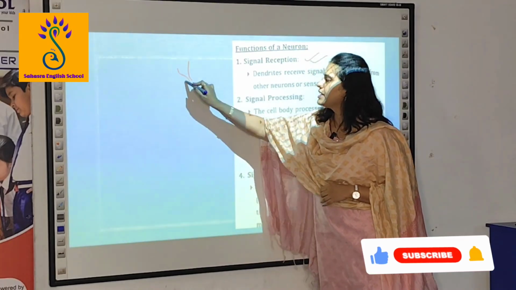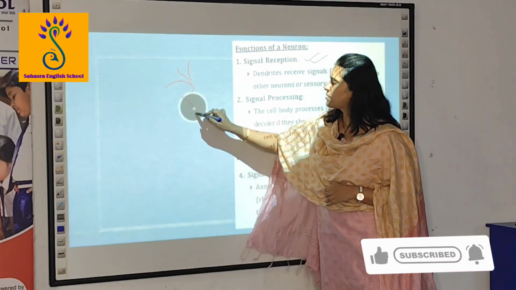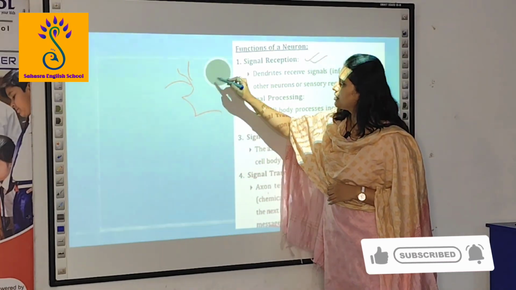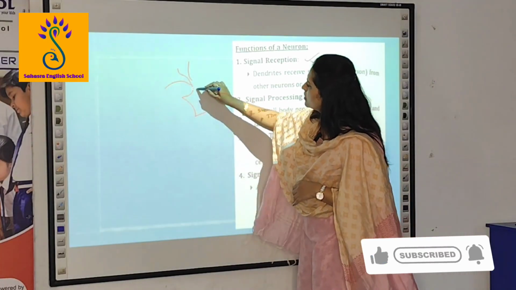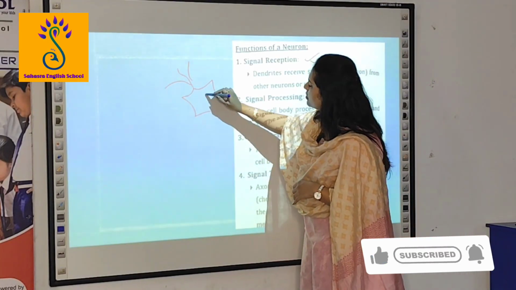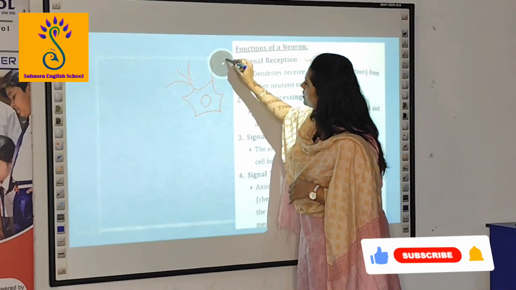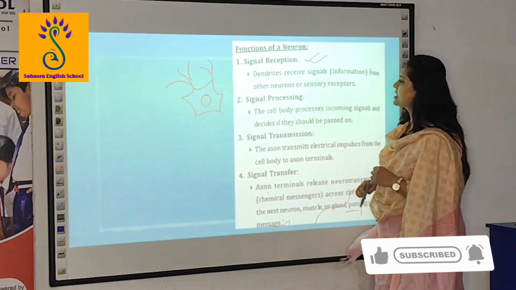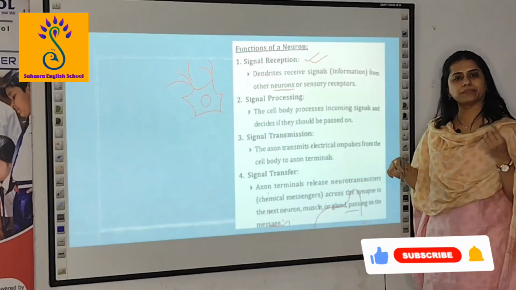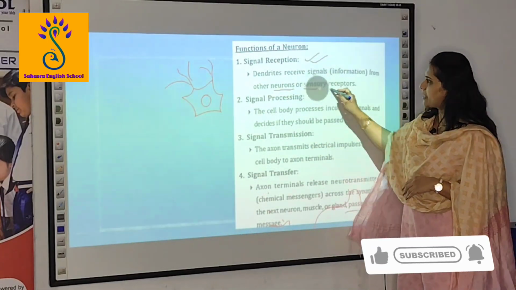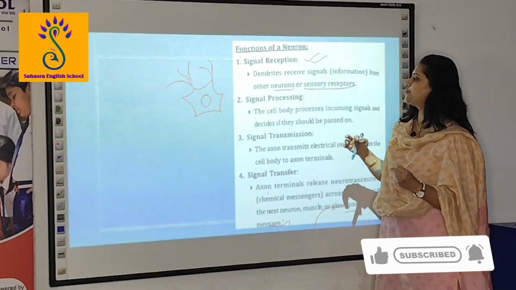This is the soma, the cell body, and these are the dendrites. They receive the information from other neurons or from the sensory receptor. That is, first it is receiving the information.